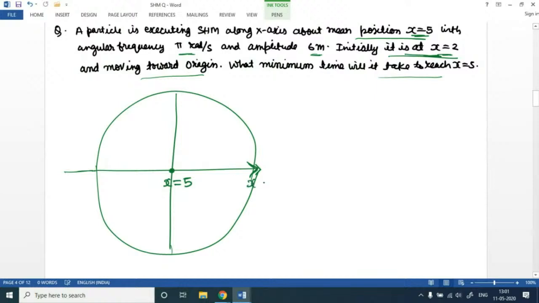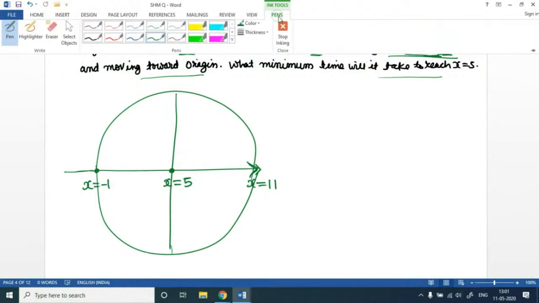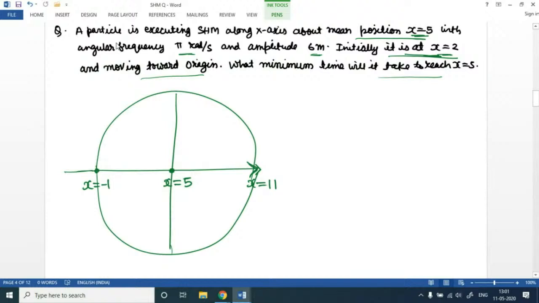So this would be x is equal to 11, and this would be x is equal to -1. And initially it has been given that the particle is at x is equal to 2. So somewhere here that would be x is equal to 2. Basically its initial displacement from the mean position is 3 meter. Okay, so its position on the reference circle is this.